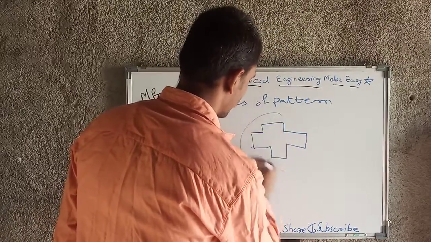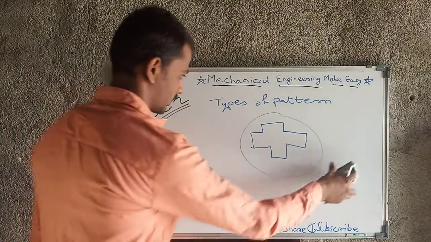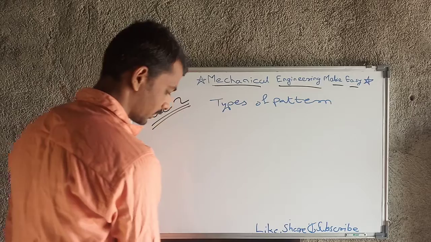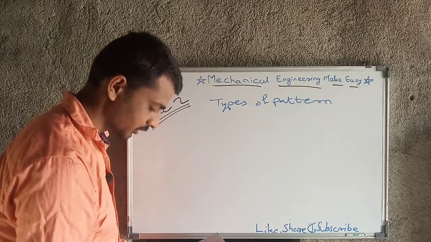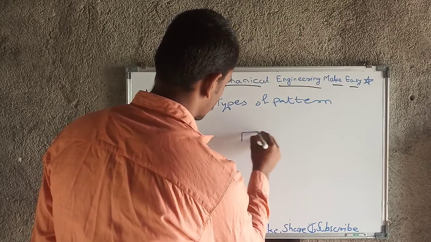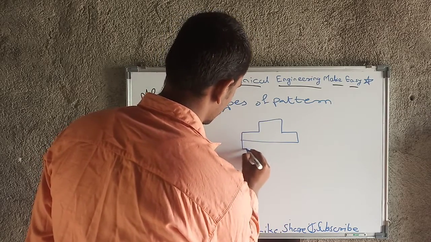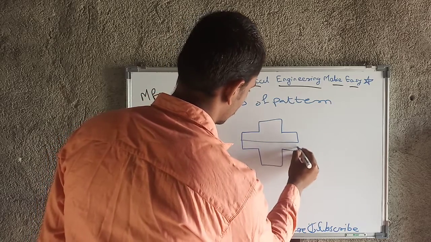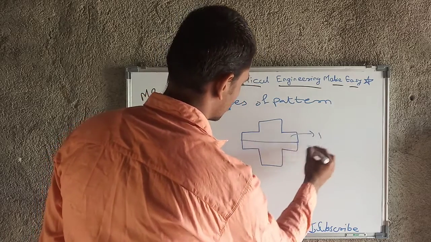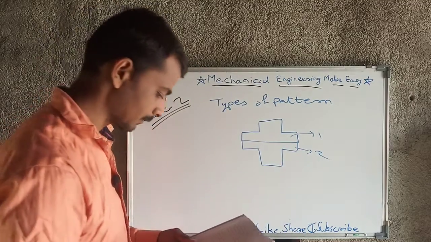This is only one piece, called a single piece pattern. Then next is two piece pattern, where we make the pattern with one piece and another piece. This is split or two piece pattern.